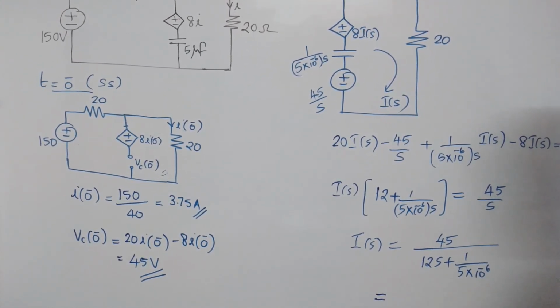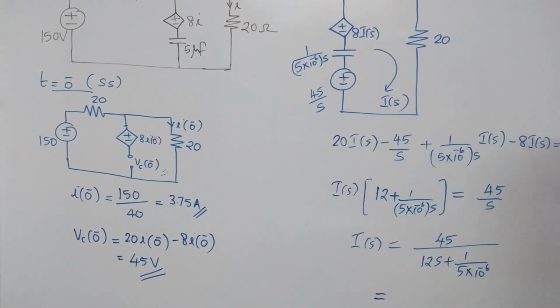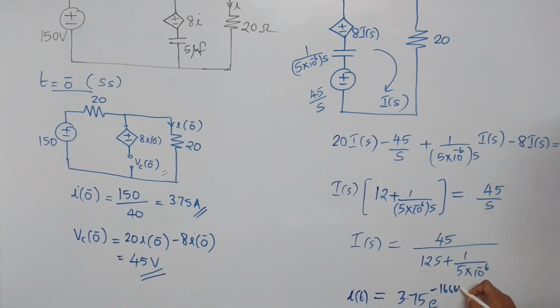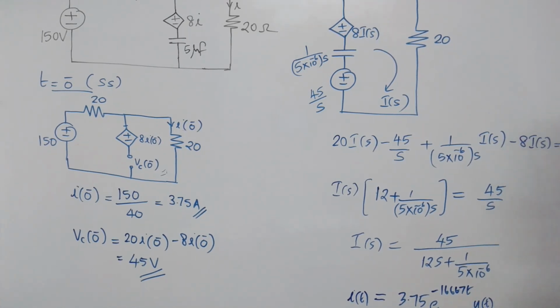We'll get I of t equal to 3.75 into e raised to minus 16667 t. This is I of t.